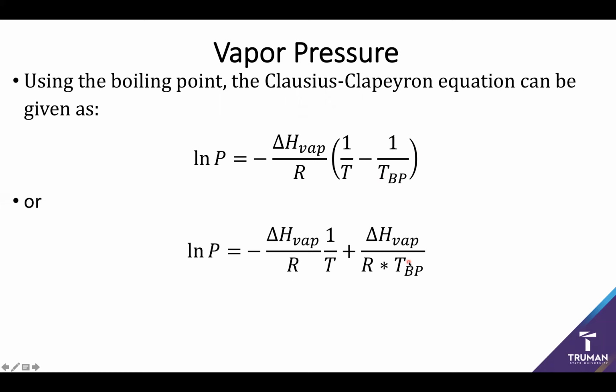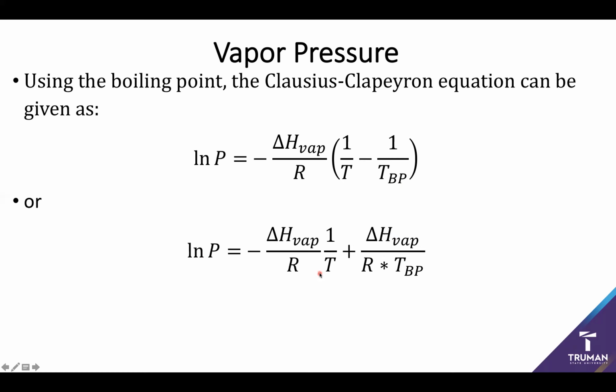And since the boiling point is a known value for most liquids, enthalpy of vaporization is often known for most liquids, and the ideal gas constant is a constant, what this does is it lets us put in a temperature that we care about and get a vapor pressure. Alternatively, if you know the vapor pressure, you can figure out the temperature of the system.